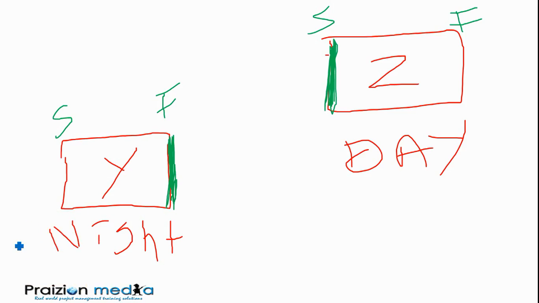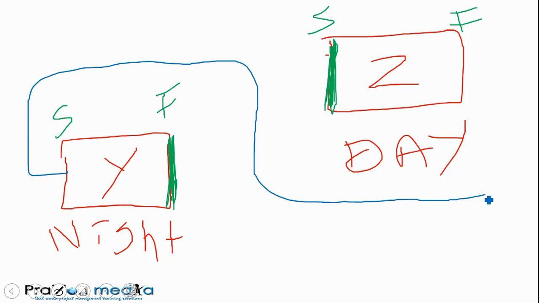So let's say we had a start to finish relationship in which the night guard must start before the day guard can finish. We could have an arrow originating from here. See where the arrow's going? And ending there. This is a start to finish relationship in the reverse.